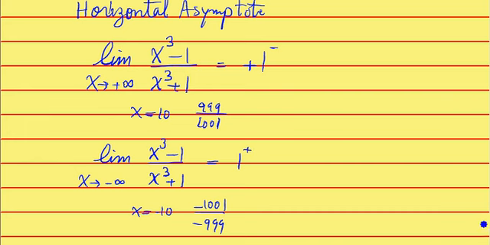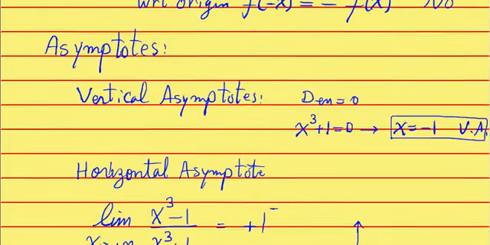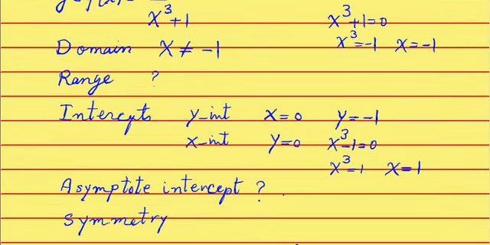Now let's put whatever we have so far on a picture and see what we have. Very first issue was we have a point missing from our domain, x equal to minus 1.